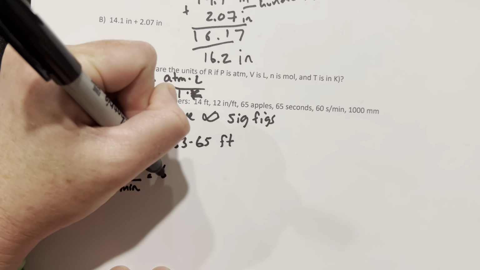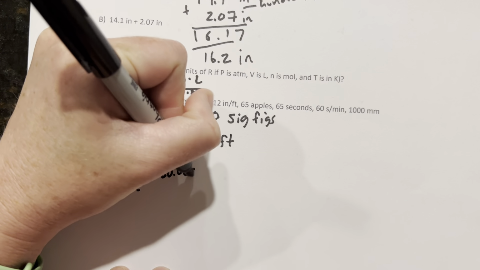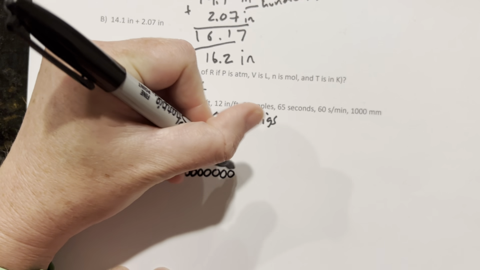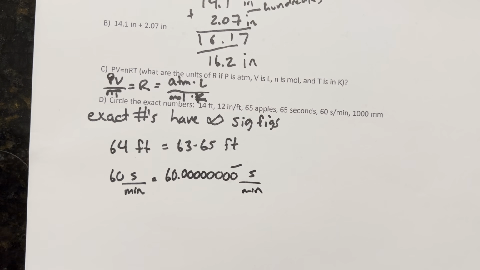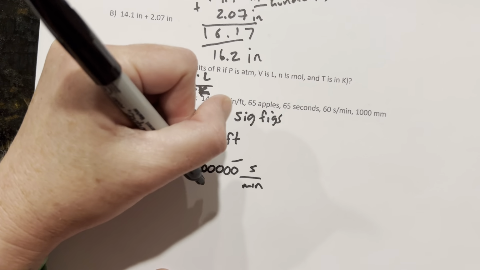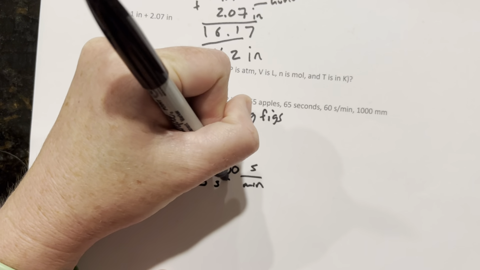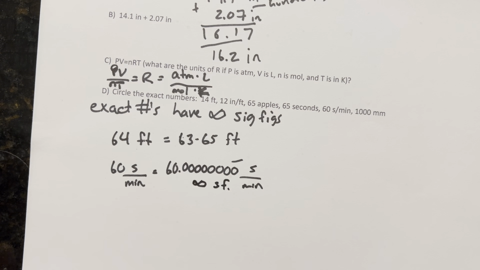It is exactly 60.0000000000 on and on seconds per minute, because this is the definition of a minute. Same thing with 60 minutes per hour. See all those zeros that come after the number with a decimal somewhere in that number? This has an infinite number of sig figs, and those are exact numbers.